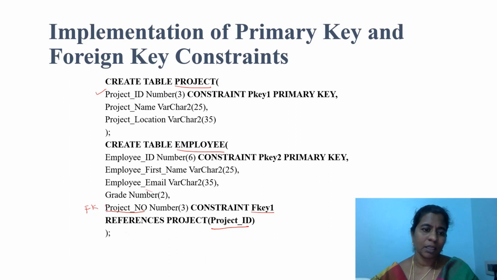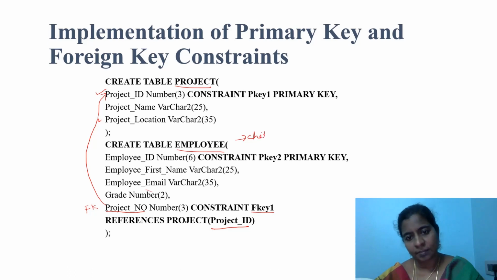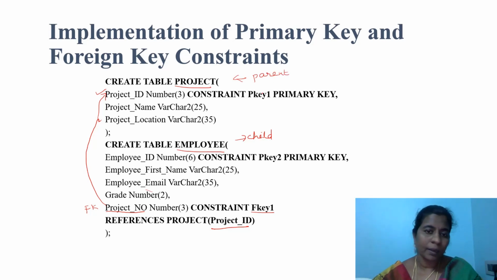That means this particular project number is referring to the project ID of the project table. Now the employee table we call the child table, and the project table is the parent table.